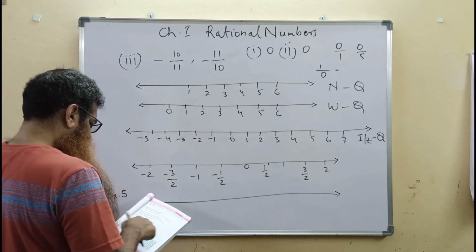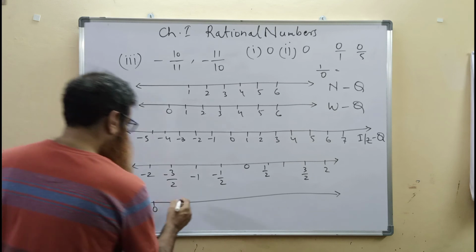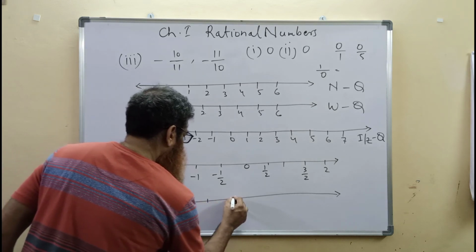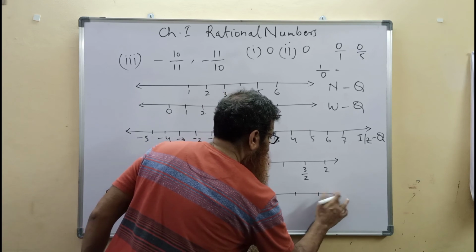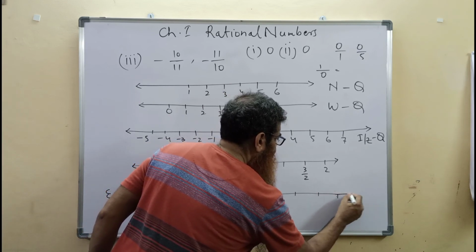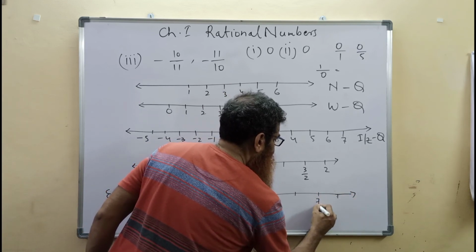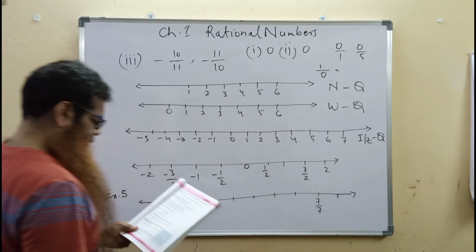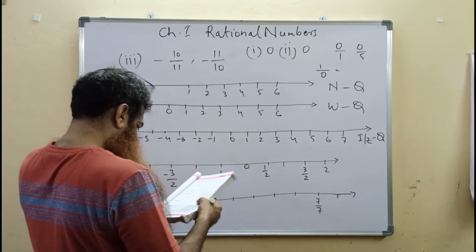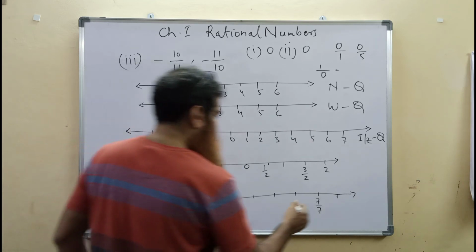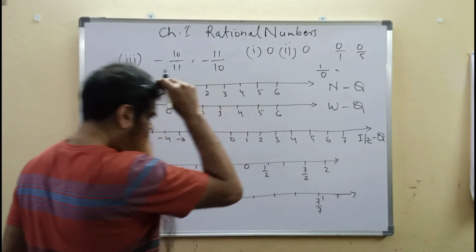The last mark is 7 by 7, and 1 is equal to 7 by 7.